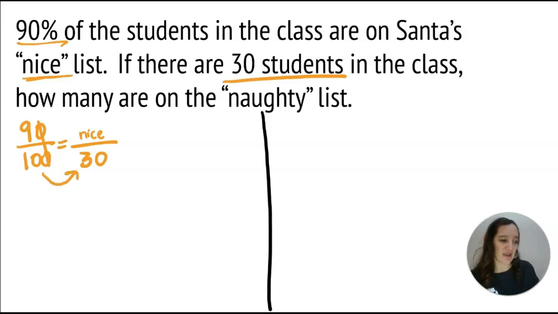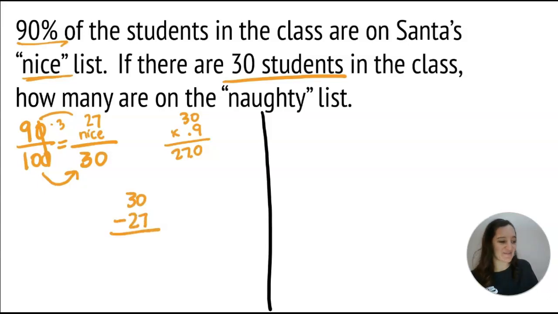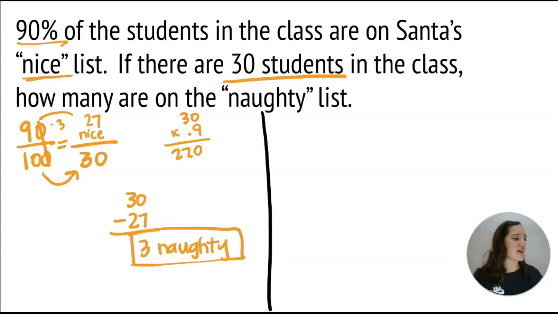I'm going to do it the ratio way, but you know that you're more than welcome to do it the decimal way. We're going to end up with the same answer. I'm going to get 27. So I know that 27 are on the nice list. Well, then I will just need to subtract the nice from the total to get how many are on the naughty list. Okay, so that's the first strategy.